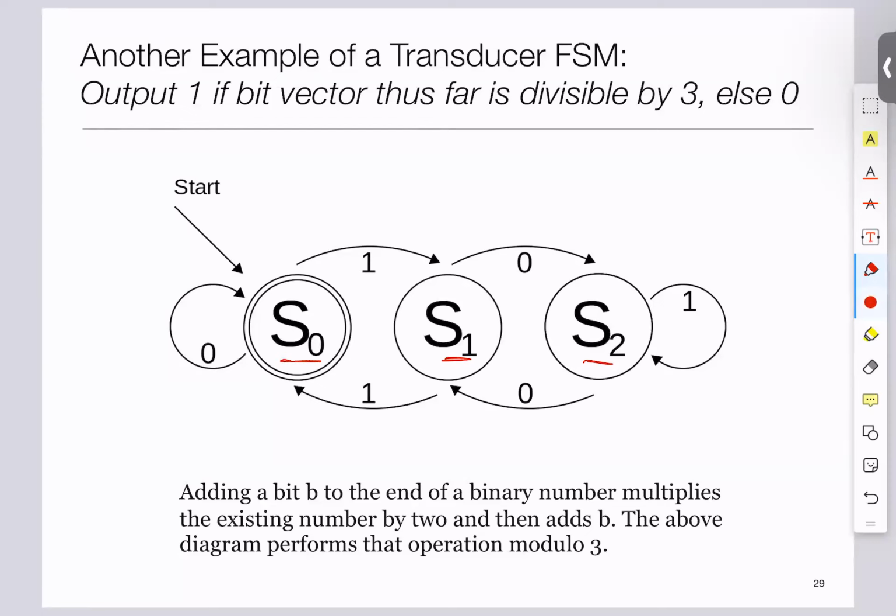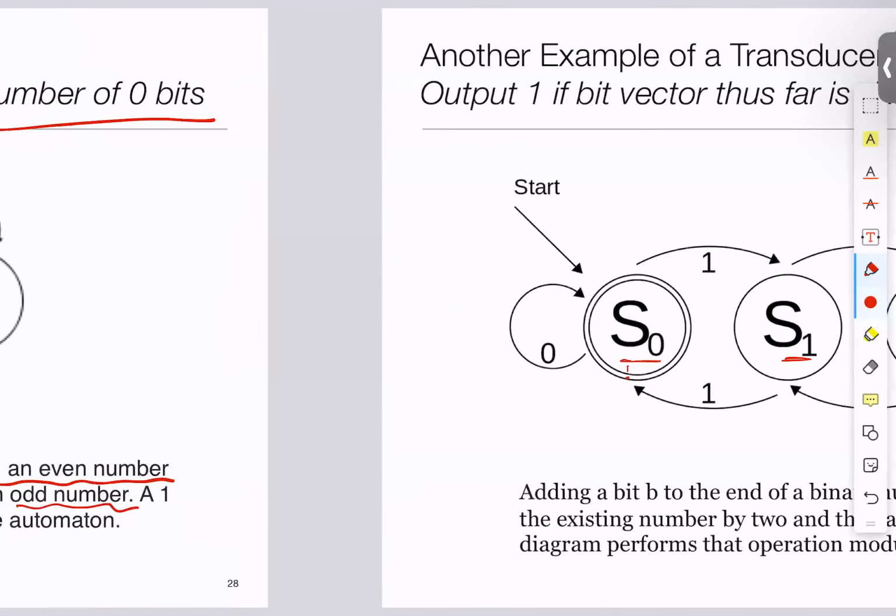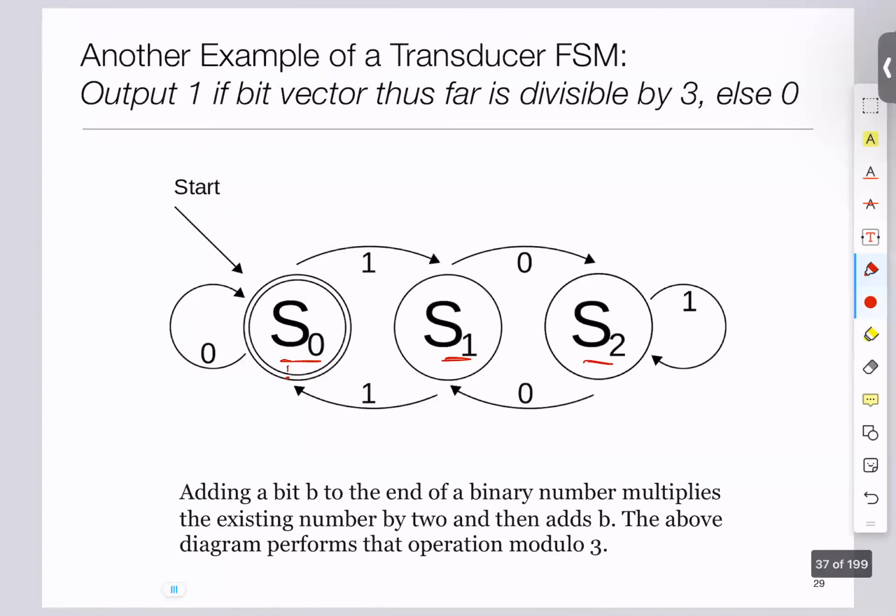And then, of course, if it is 0, that is a good state, so I'm going to output a 1. And in the other 2 states, I'm going to output a 0. And then we do the following. Let's say I have received xn minus 1 through x1, x0 on the input.